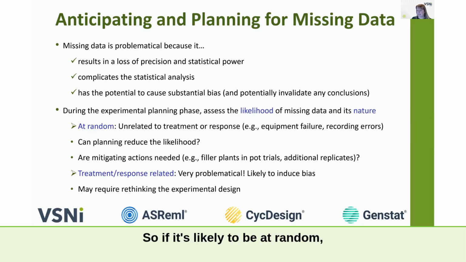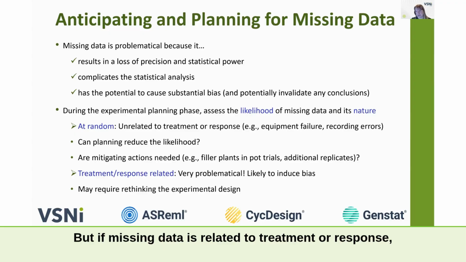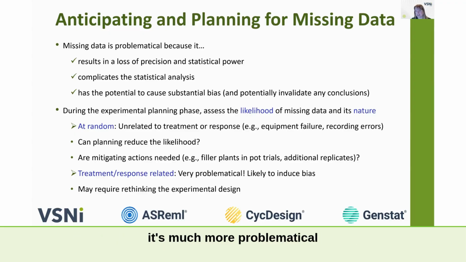If it's likely to be at random, things like equipment failure, you might want to consider including extra replicates, or you might have to take some actions like using filler plants and pot trolls to mitigate against space effects. But if missing data is related to treatment or response, it's much more problematical and it will likely bias our results. And in such cases, we may even need to rethink our entire experiment.